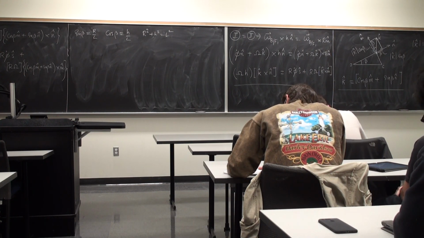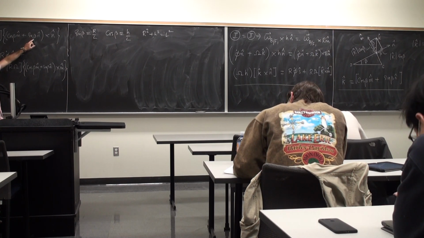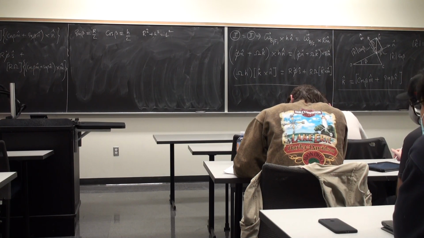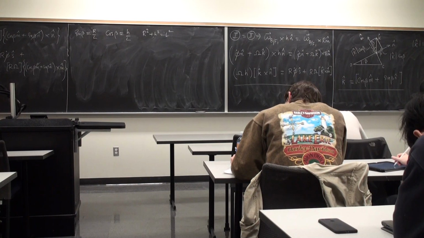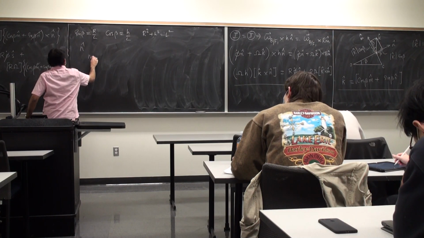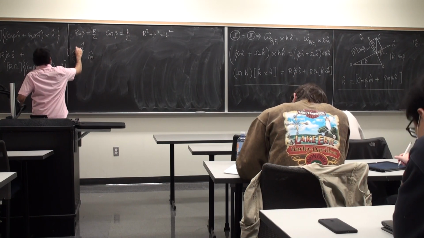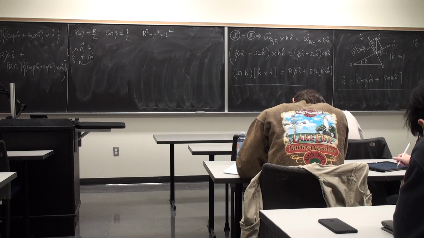Alright, so let's do the cross product. Obviously, this term is not going to contribute. Everybody sees that, right? N hat crossed with n hat is gone, so I'm just going to get rid of this guy. Likewise, m hat crossed with m hat, this term is gone, so I'm going to get rid of that. I have my triad, n hat, m hat, s hat for my cross products.